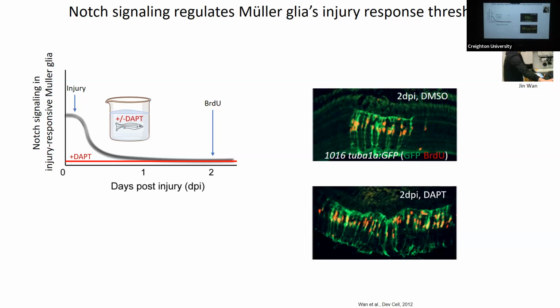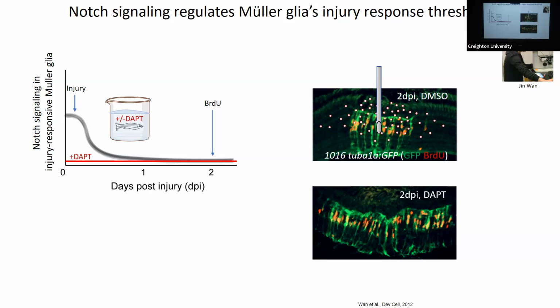That, to me, sounded interesting. A lot of people in my lab said, so that's great, let's move on. I said, why don't we figure this out? Because lowering a threshold could be key to figuring out how to make our Müller glia respond. Maybe they just have such a high threshold that we can't lower it. Anyway, here is what I think is going on. We poke the eye with a needle.